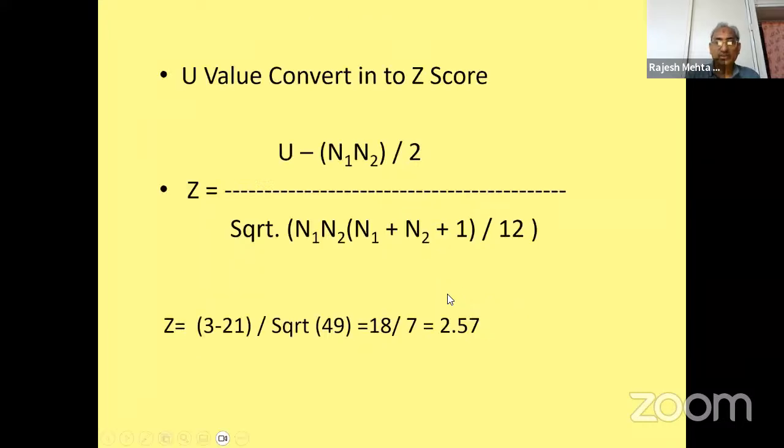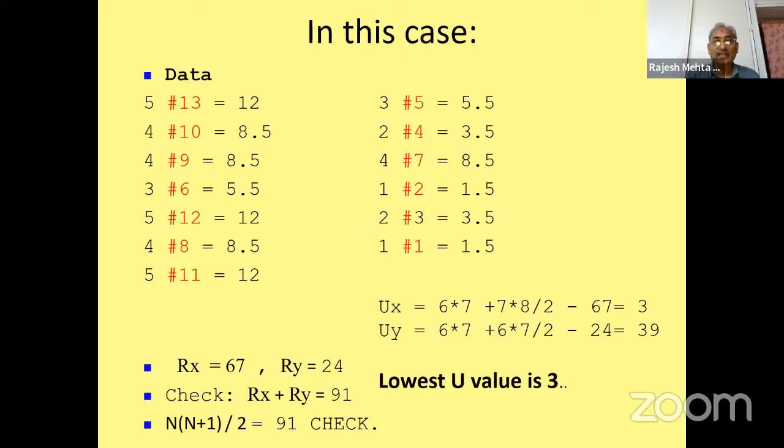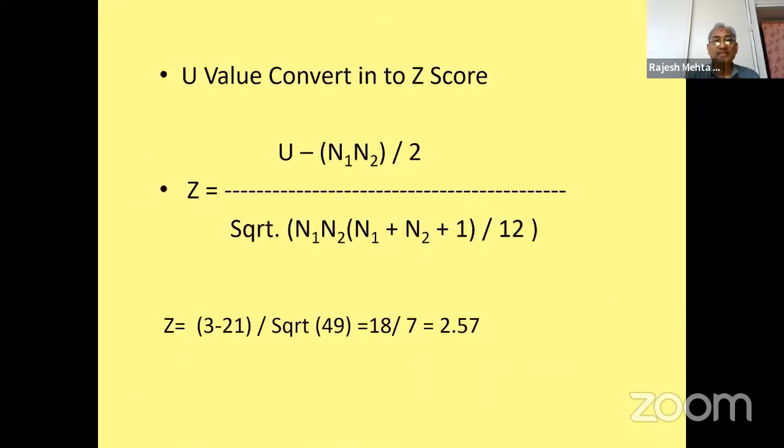Now, out of this 3 and 39, we will be using 3. So, when we convert into Z, it comes to around 2.57. That means it is statistically significant because Z is more than 2. We can say that it is statistically significant.